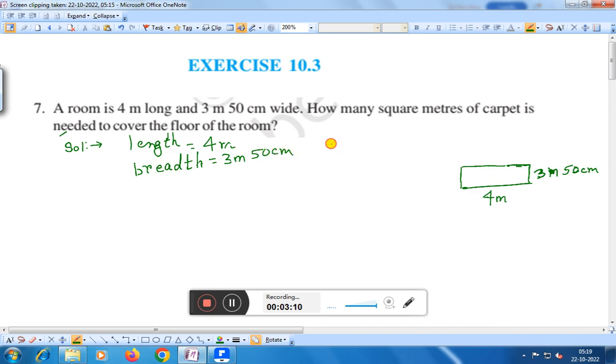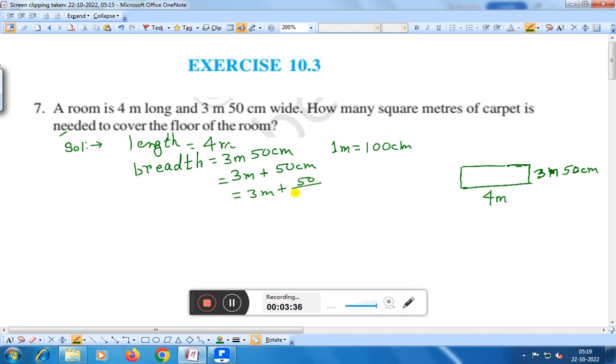And we know that 1 meter is equal to 100 centimeter. Therefore we have to convert this into meter, that is 3 meter plus 50 centimeter. If we change into meter, then it will be 3 meter plus 50 by 100 meter.